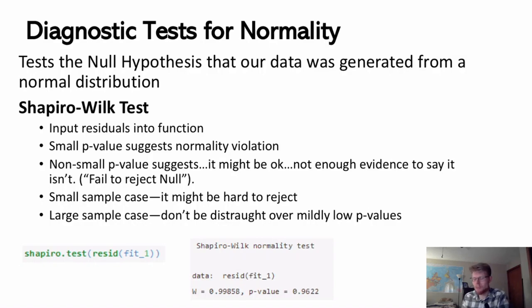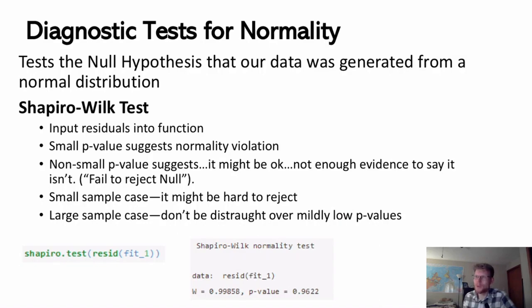So if we have some mildly low p-values like 5, 10, 15% when we have a really large sample, it's probably actually pretty close to normal. If there is a departure, it's probably pretty small because we have a really large sample. If we're working with several hundred data points, like 400, 500, 1,000 data points, and our p-value is in that 5, 10, 15% range, well, that's probably okay, actually. If there is some abnormality, it's probably pretty small, because we have such a large sample.